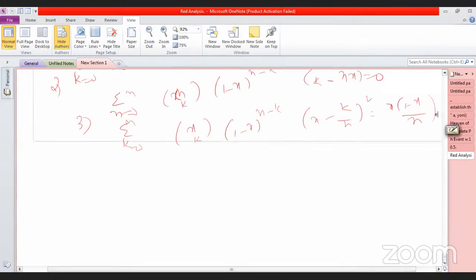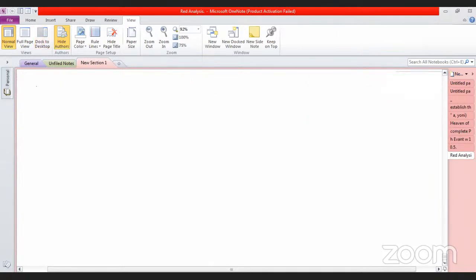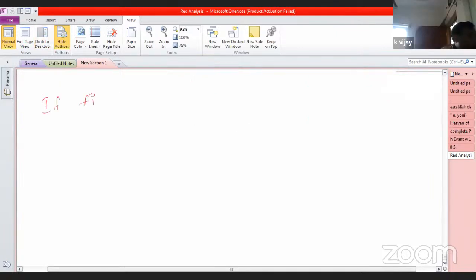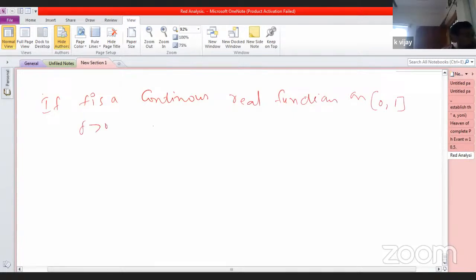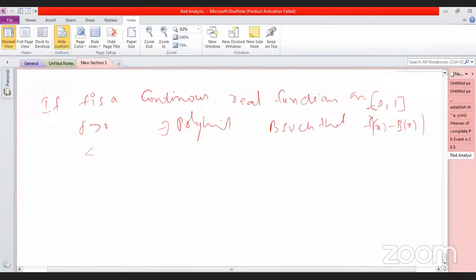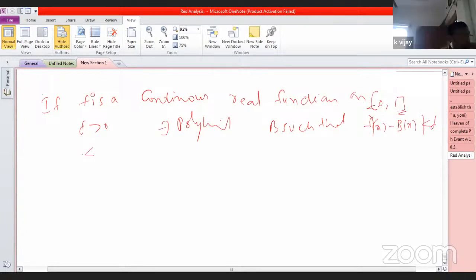If f is a continuous real function, and delta greater than 0, there exists a polynomial such that the modulus of f of x minus b of x is less than delta here. So therefore.